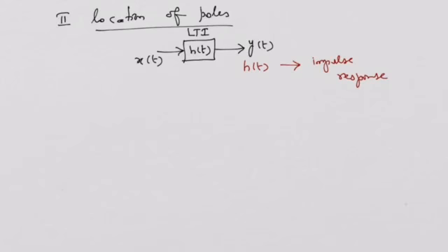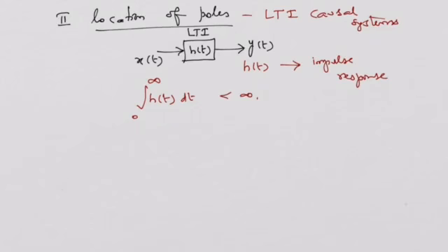LTI causal system. I am trying to confine this discussion only to LTI causal systems. So, what is the condition to be satisfied? Integral from 0 to infinity of |h of t| dt should be less than infinity. That is the condition to be satisfied.